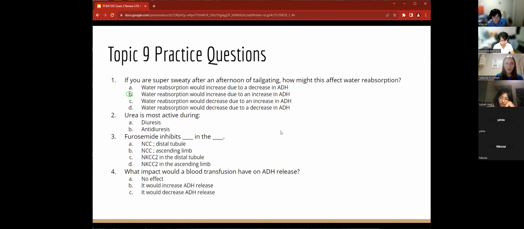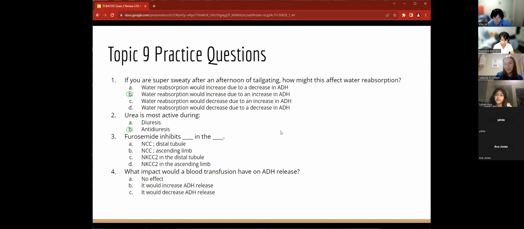So if your ECF osmolarity increases, you want to reabsorb more water from your urine to lower it a little bit. If you increase ADH, that increases aquaporins, which would increase water reabsorption to help offset the fact that you're releasing all this water through sweat and not releasing as many solutes.